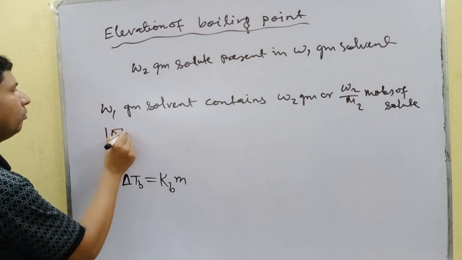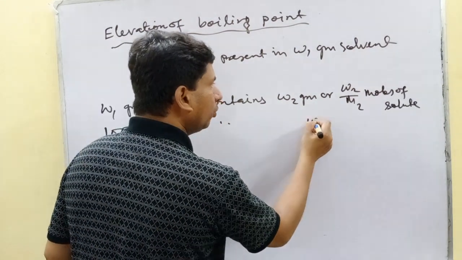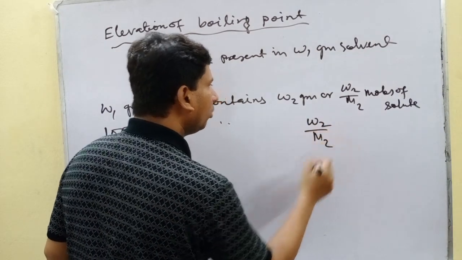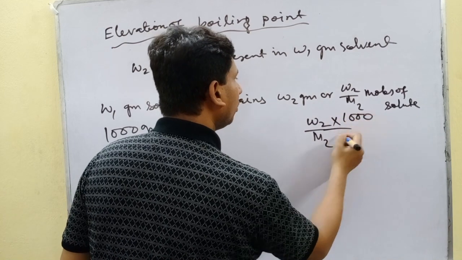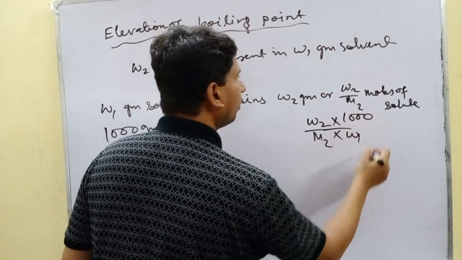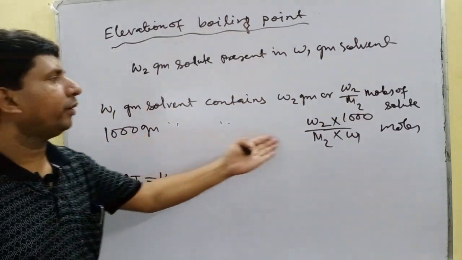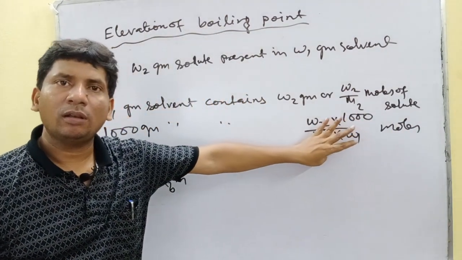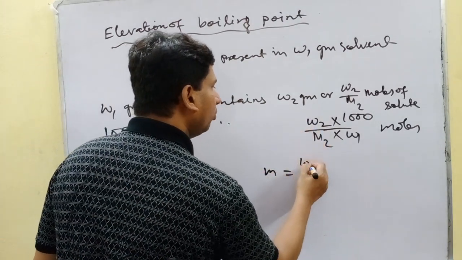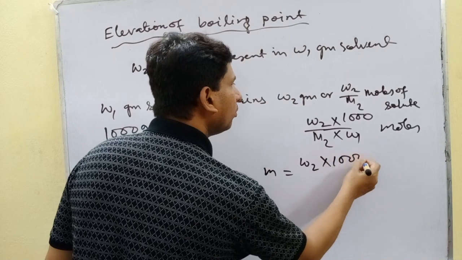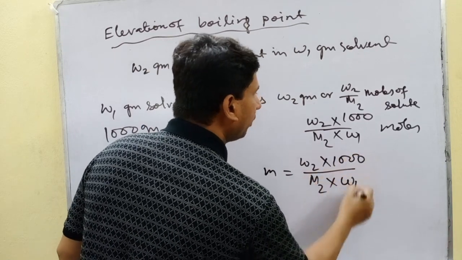Then 1000 gram solvent contains W2 by M2 into 1000 divided by W1 moles. So this is the moles of solute in 1000 gram. So small m equals W2 into 1000 divided by M2 into W1.